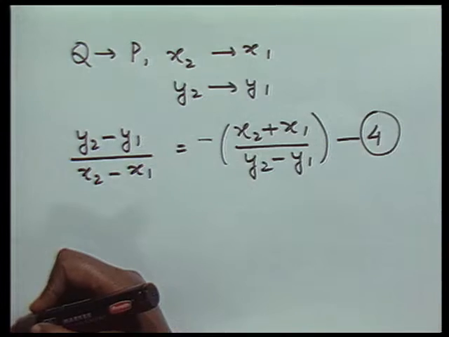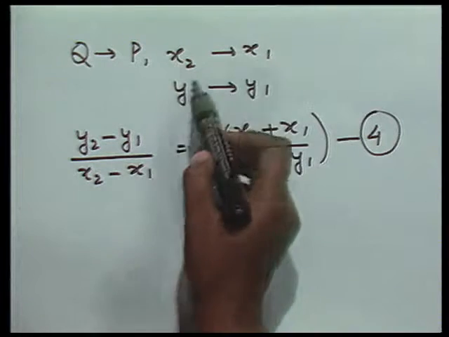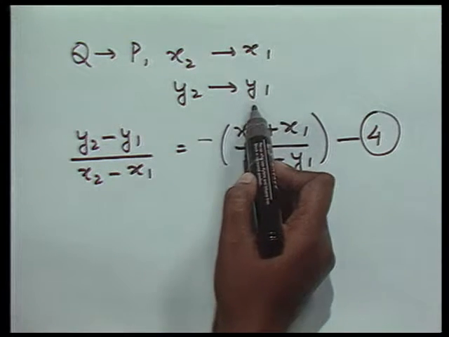Now, since the tangent at P is a limiting case of the line PQ, we take the point Q as close as possible to the point P. In other words, as Q approaches P, x2 approaches x1 and y2 approaches y1.